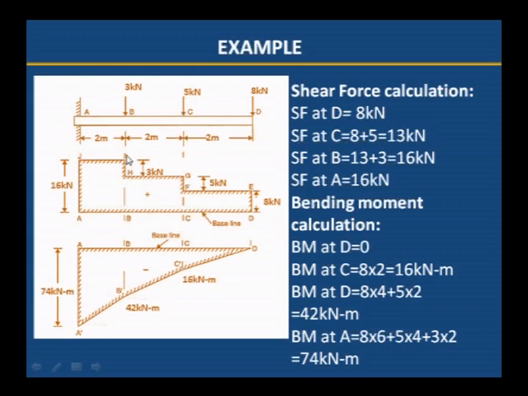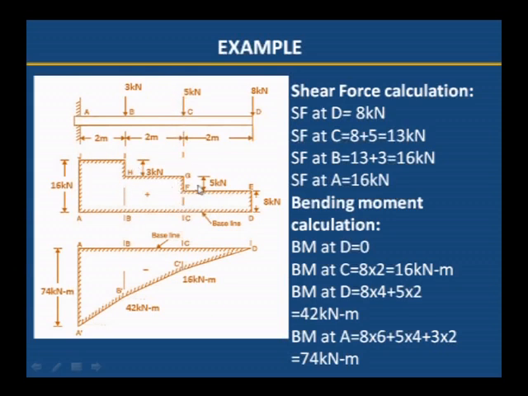Then again at that 13 kilonewton, 3 kilonewton is added. That 3 kilonewton drop is equal to the vertical point load. From B to A no further load is added, therefore a horizontal line. This is the shear force diagram. Wherever the point load is there, we have to show the drop equal to that point load.